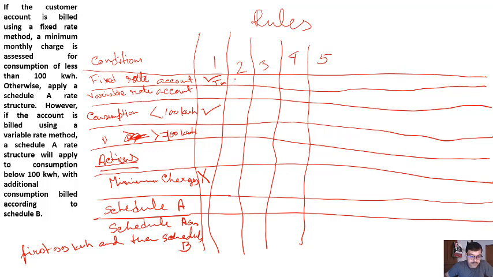Next condition, if it is a fixed rate account and the consumption is greater than or equal to 100, then apply schedule A. Next condition, if it is a variable rate account and consumption is less than 100 kilowatt, then it will apply schedule A. Again, if it is a variable rate account and consumption is greater than or equal to 100 kilowatt, then the action is schedule A on the first 99 kilowatt, and then schedule B for the rest of the kilowatts.